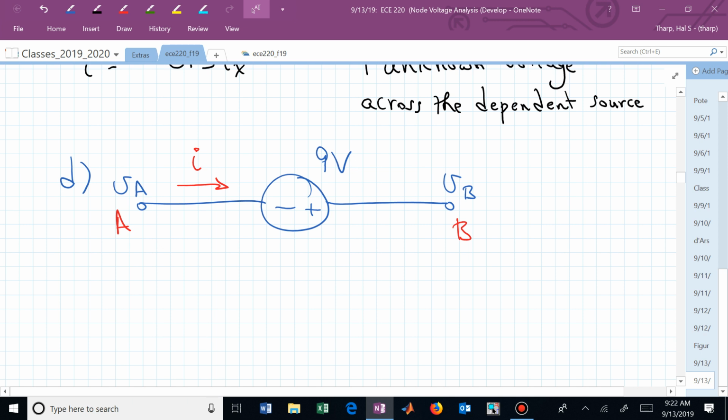And here, what you need to go back to is the knowledge you have about independent sources. Here you have an independent voltage source connecting those two nodes, nodes A and B. What do you know about independent voltage sources? What do they do?